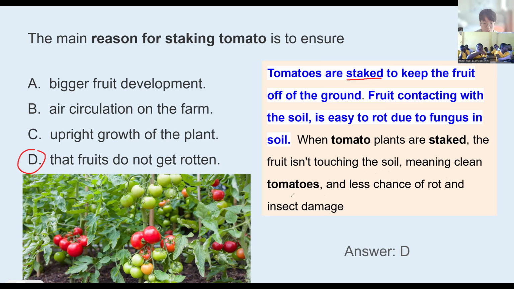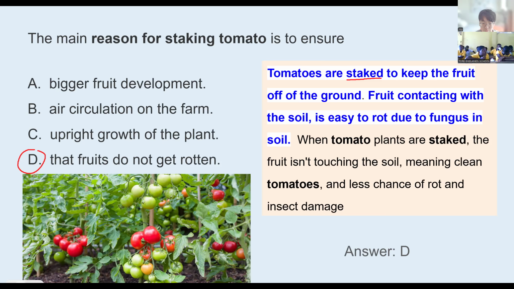Clean tomatoes will be harvested, and there will be less chance that it will be rotted because it was not on the ground. That's why the answer is D. Staking tomatoes prevents the tomatoes from touching the ground, and it'll help them not get rotten.